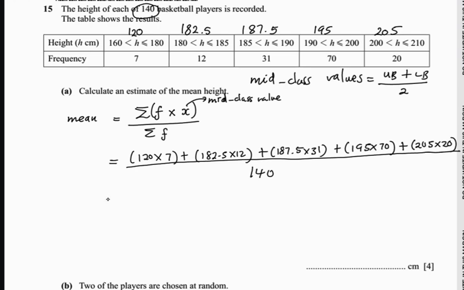Then we play around with our calculator, using the fraction template: 120 times 7 plus 182.5 times 12 plus 187.5 times 31 plus 195 times 70 plus 205 times 20.